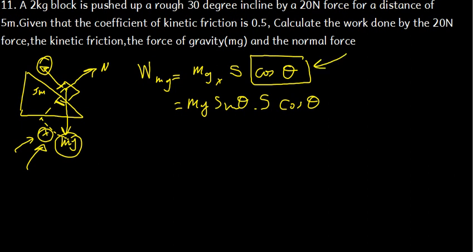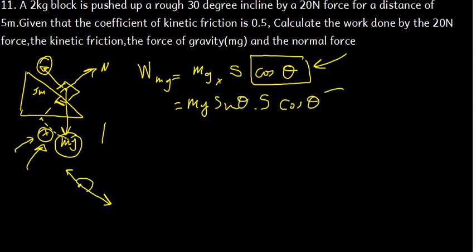Now notice that the x component of mg will be going down. That is because our mg is going in this way. So the x component is going to be going down. There's no way that the x component can be going up if mg is going down. And we know that the displacement is, this thing is moving up. So the angle theta is 180.